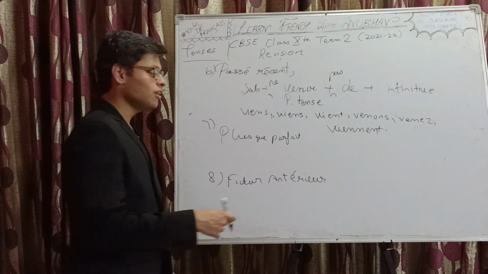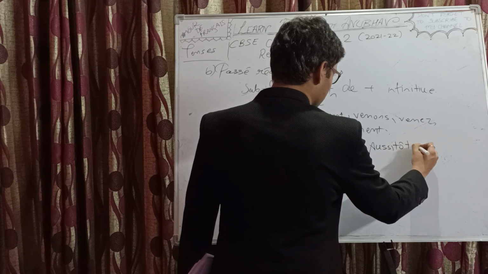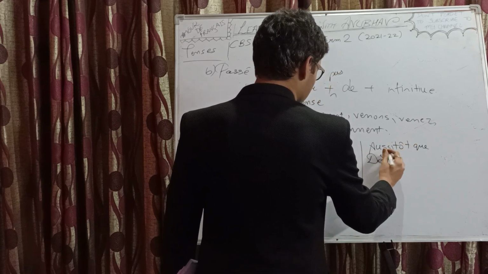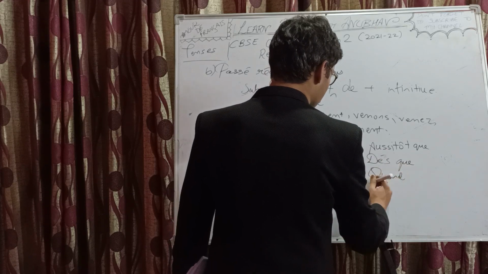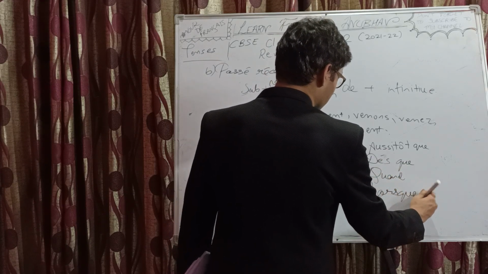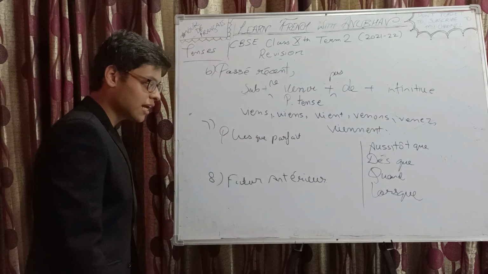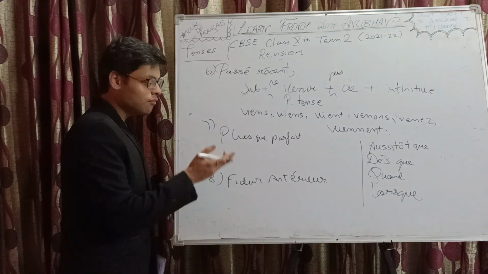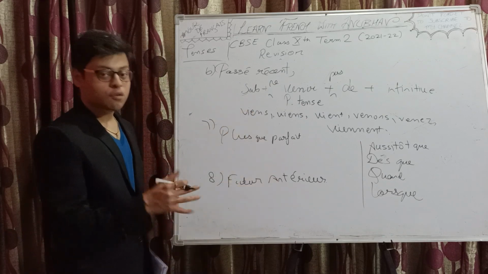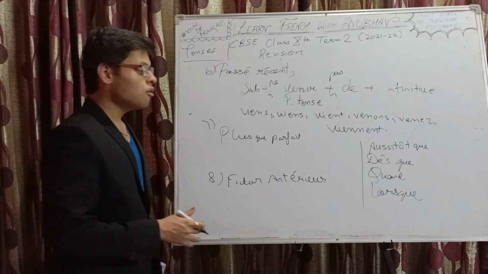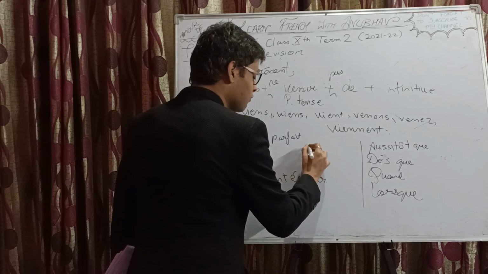So, plus-que-parfait and futur antérieur, we have 4 indicators. Okay, 4 indicators, what are they? Aussitôt que, dès que, quand, and lorsque. Looking at the CBSE curriculum, these 4 are the indicators which we get. But then how to decide whether to use plus-que-parfait or futur antérieur? You have another indicator. Like you have any one of these, and the another part of the same statement is done with passé composé.